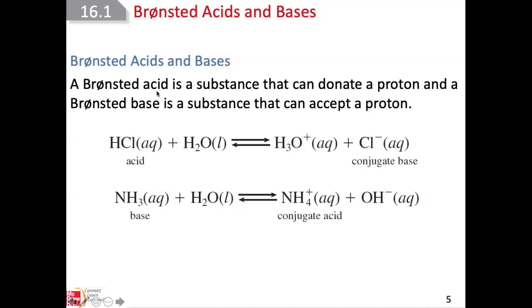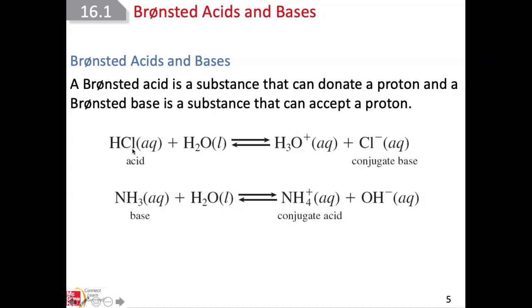So if a substance donates a proton, or H plus, we call it a Bronsted acid. But if the substance can accept that H plus, that proton, we call it a Bronsted base. Take a look at this reaction. This is HCl.